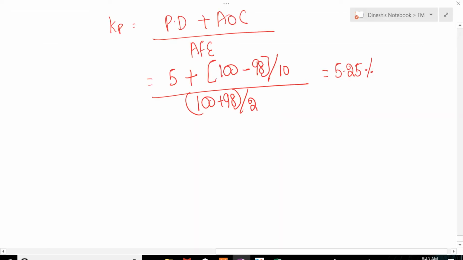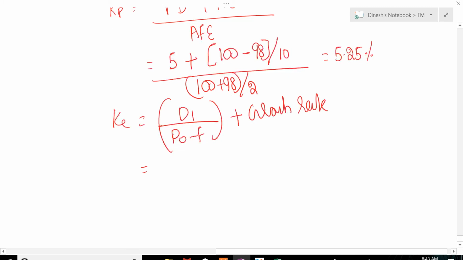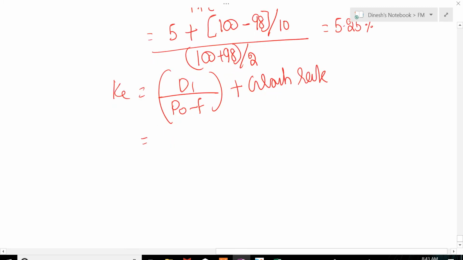KE equal to D1 by P0 minus F, plus growth rate. Minus F needs to be done for equity. You will not do minus F for retained earnings, if retained earnings are there.